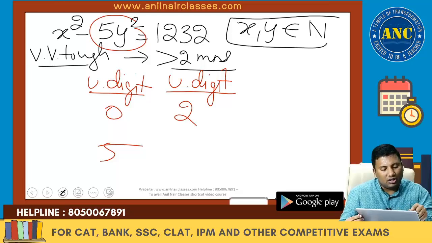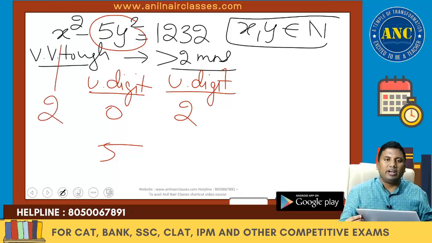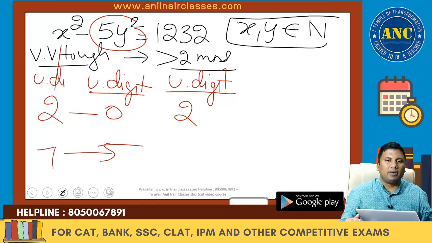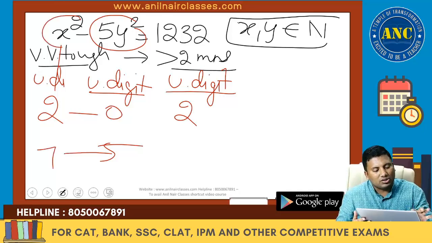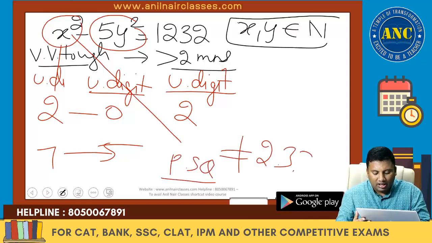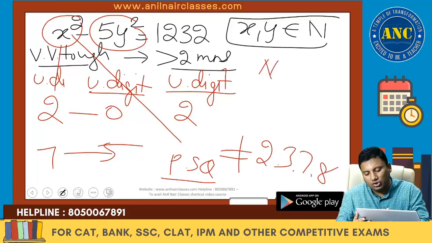Something minus 0 is 2, so that something's unit digit is 2. Something minus 5 is 2: 7 minus 5 is 2. But x square is a perfect square. A perfect square can never end with 2, 3, 7 or 8. Answer is no solution. Please write down.